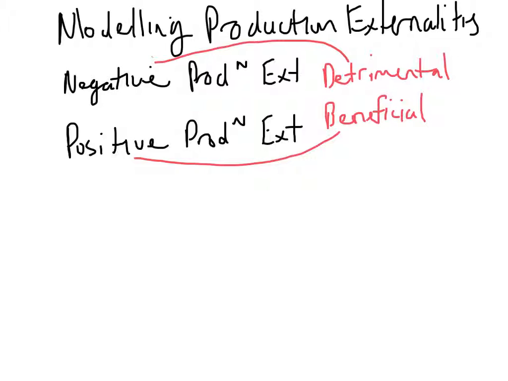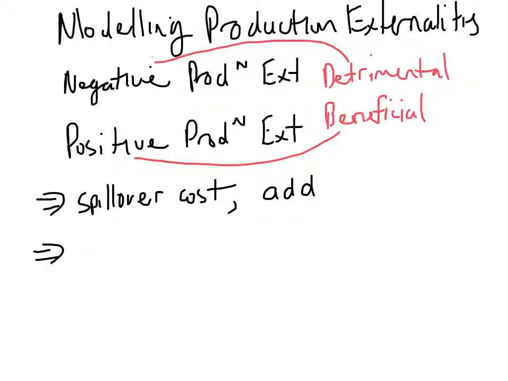Well, production is about creating costs, isn't it? So production is about creating costs. Therefore, if you've got a spillover cost, in other words a third-party cost, then when you account for it, you add.